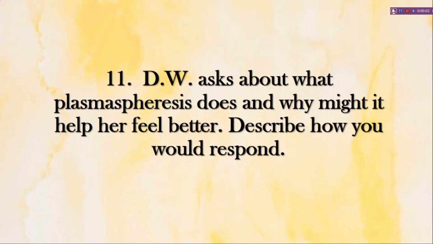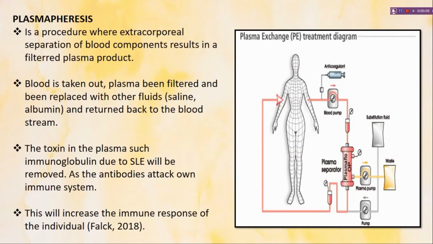Question 11. DW asks what plasmapheresis does and why it might help her feel better. Plasmapheresis is a procedure where extracorporeal separation of blood components results in a filtered plasma product.